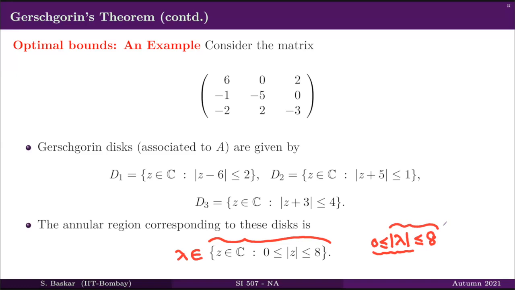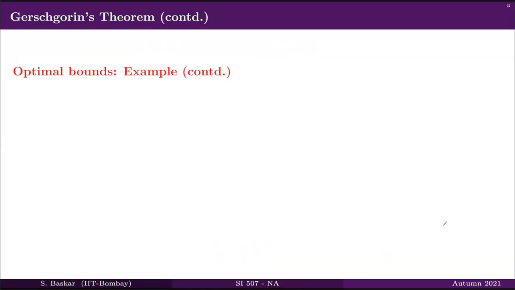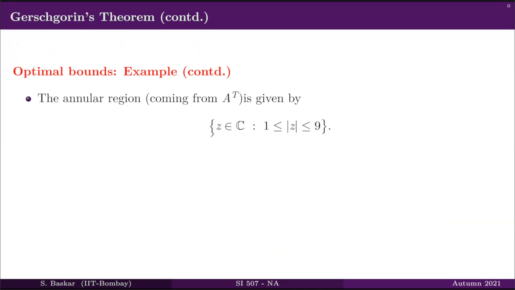Let us construct the same annular region for A transpose and see whether we are able to improve these bounds. In a similar way, you can also construct the disks for the matrix A transpose, and from there you can get the annular region. I will not repeat these calculations, but I will just give you the final answer.